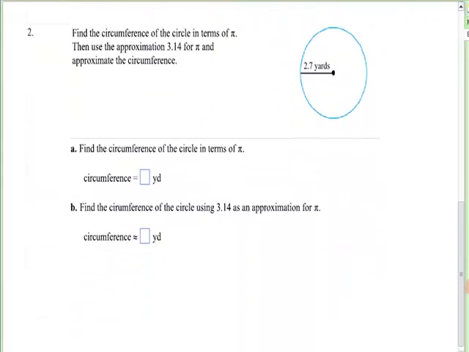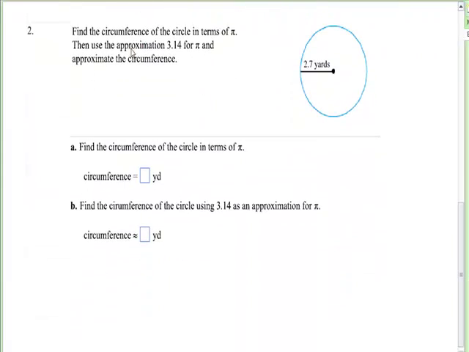Let's look at the next one. It says, find the circumference of the circle in terms of pi, and then use the approximation 3.14 for pi and approximate the circumference. So we're going to do exact with pi and approximate with 3.14. Start the problem by looking at the circle. Are you given the diameter or the radius?